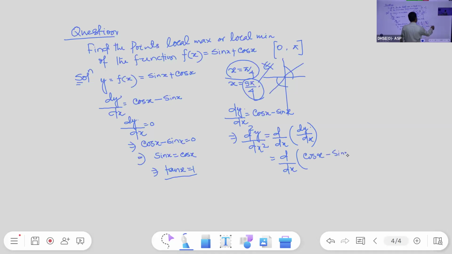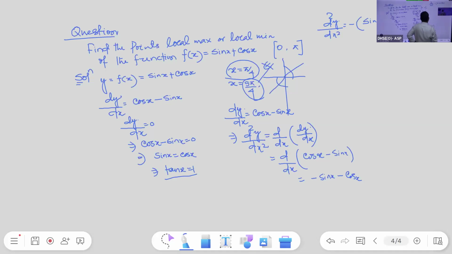The derivative of cos x is minus sin x, minus the derivative of sin x, which is cos x. So d square y upon dx square equals minus of sin x plus cos x.